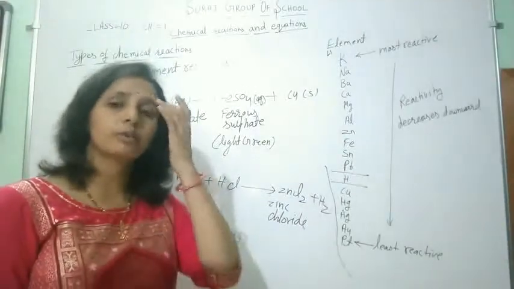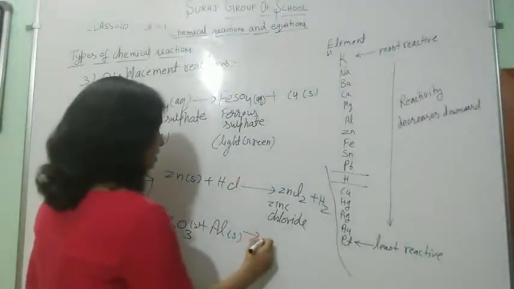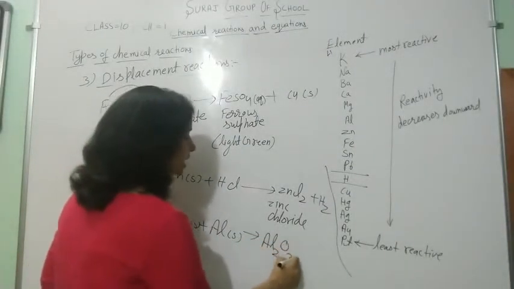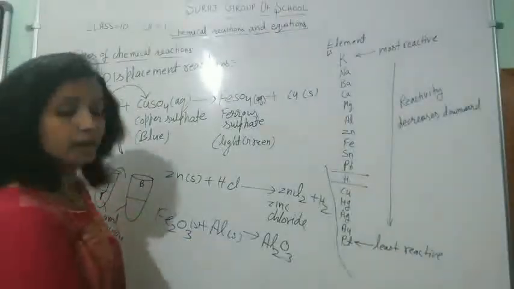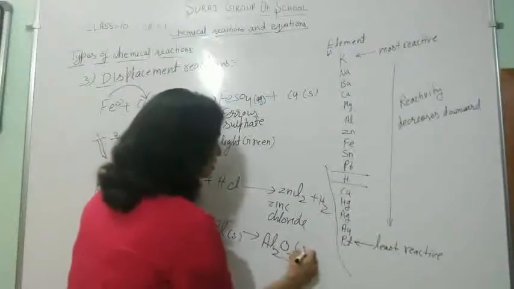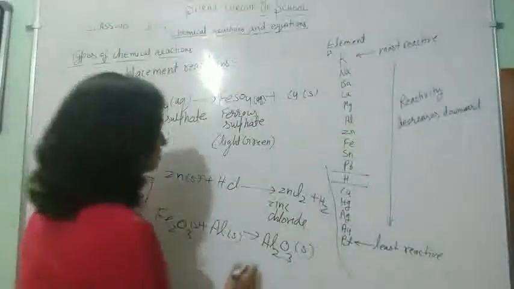For welding of iron, this type of reaction is used. The compound formed here is aluminium oxide, which is in solid state, also known as alumina.